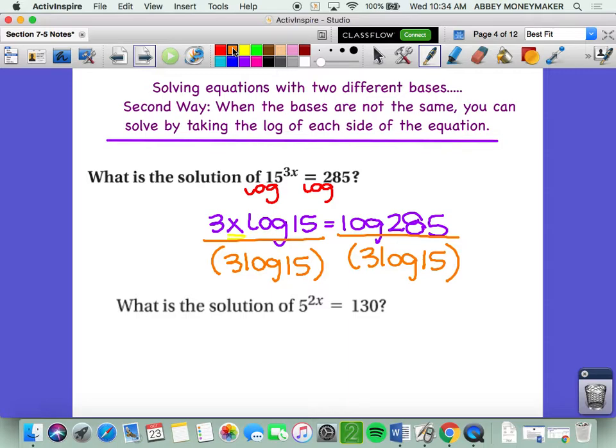Eric. Is it log base 15 or is it log base 10? It's log base 10. So when you type this in, y'all know the actual log button that we talked about the other day? Not the fancy shortcut one. It's the actual log button. I think it's next to number 7.